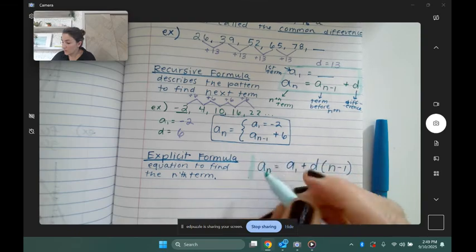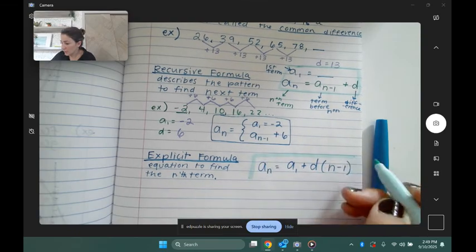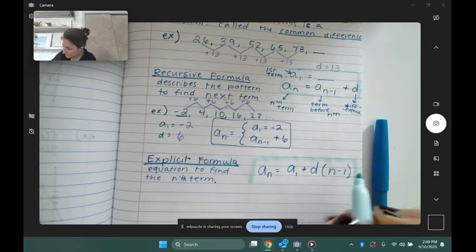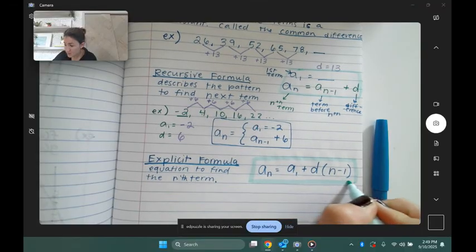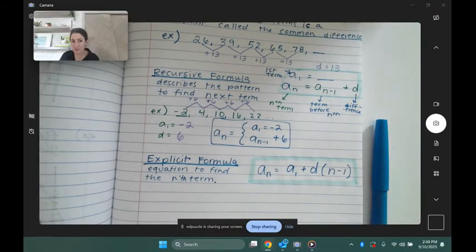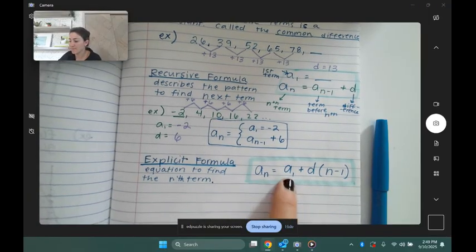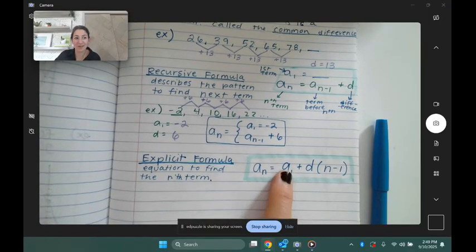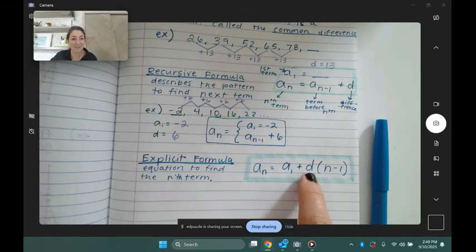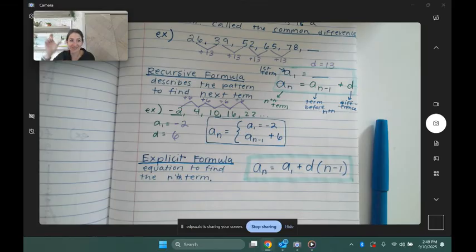Now, this is all kind of from y equals mx plus b. I know it doesn't look totally like it, but here's your y. This is actually your b. It's your starting point. Your slope is the common difference that you're seeing each time, and x is like the n, moving each time.